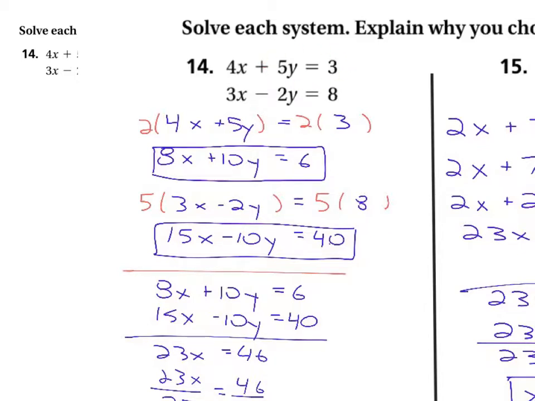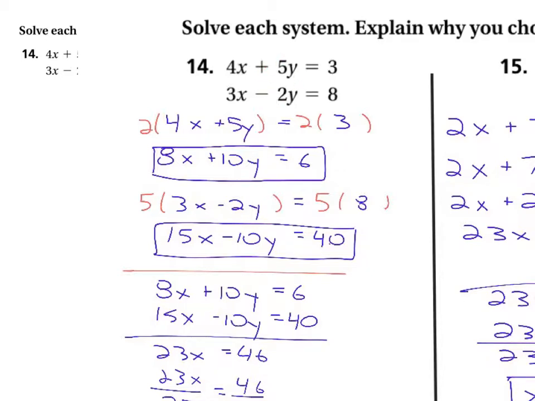Once you start trying to plot fractional amounts, you're not really going to be in the exact spot. It's hard to get it exact if it's not whole units. And where they cross is not necessarily going to be easy to find. So I decided not to do that method. And because there was no obvious way of solving for one of the variables neatly, I just decided to do elimination.